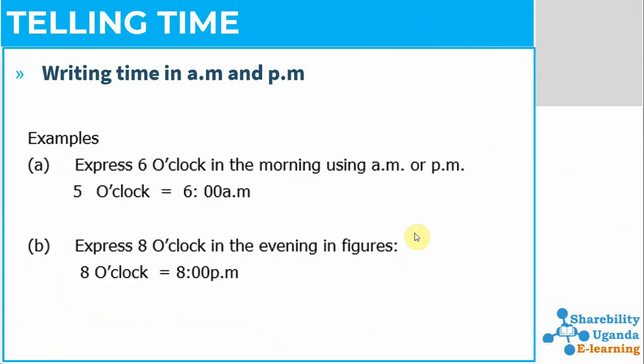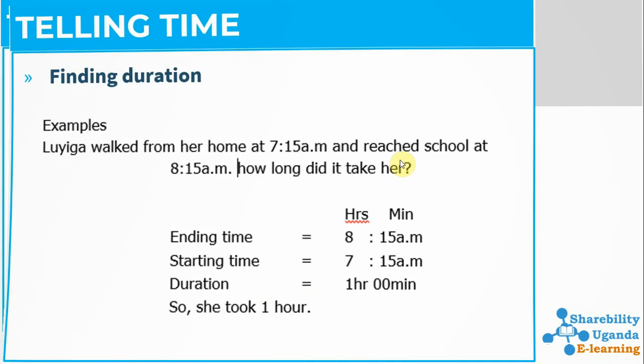Okay, so let's look at a recap of what we first did. We talked about telling time in AM and PM. We looked at how you tell the time according to the day. If it is in the daytime, how do we call it? If it is in the evening, how do we call it?